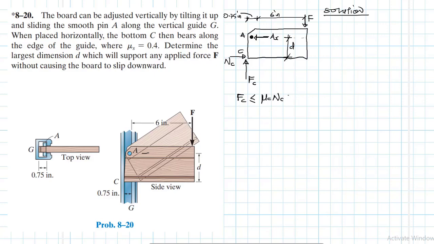Then we just get the limiting condition by equating it. So we'll say FC equal to mu C NC, which is equal to 0.4 times NC. So we have this first condition.